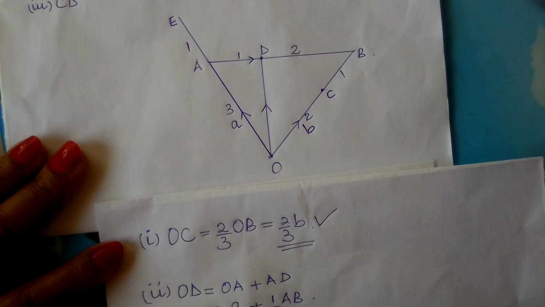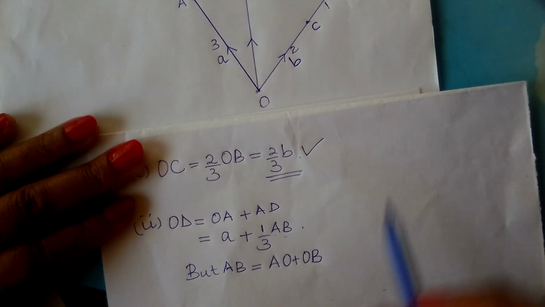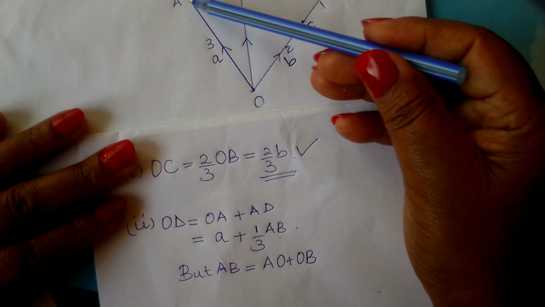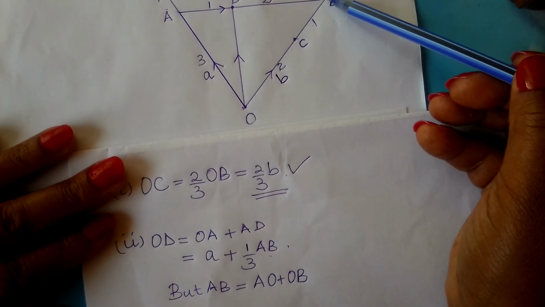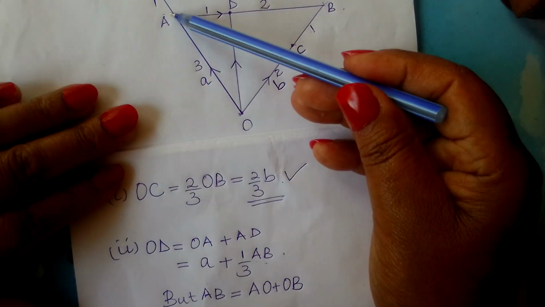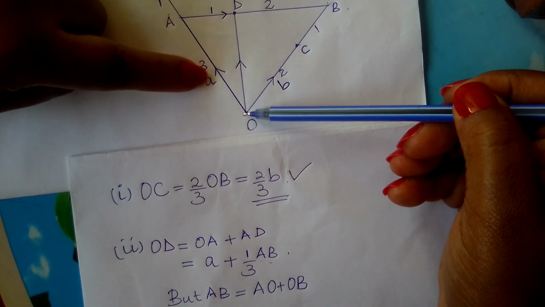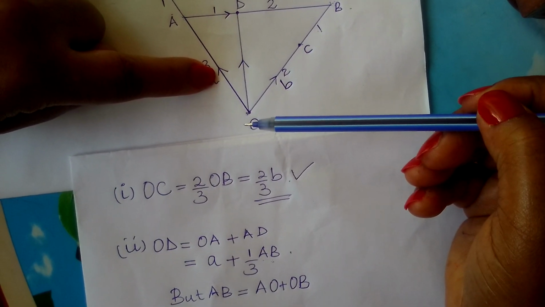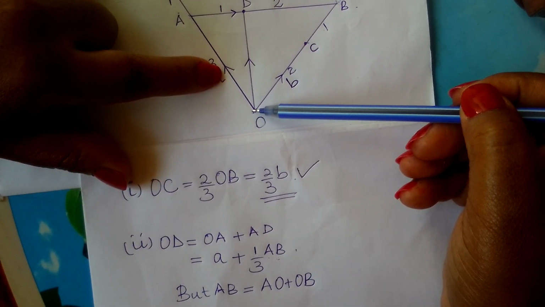Vector AB is the same as moving from A to O to B. And therefore, AO plus OB. When you talk of AO, learner, you are going against this arrow of OA. Whenever you go against an arrow, you write minus.